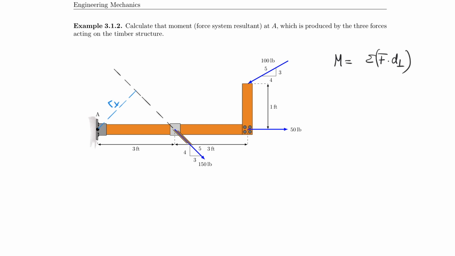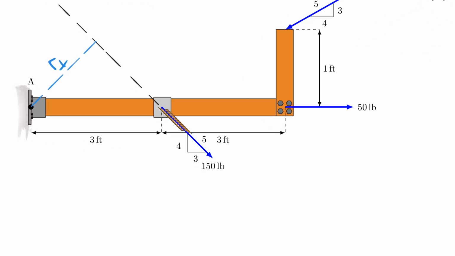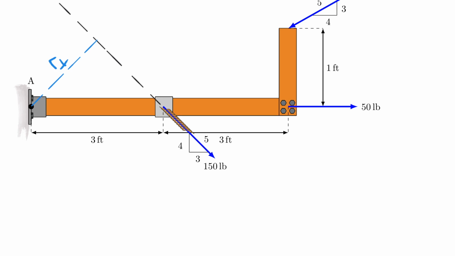So let's get started with the 150 newtons here, and let's clarify that we have a force that's acting in this direction downwards, and that would be, let's call it F1 perpendicular, which of course would be equal to what? 150 divided by 5 multiplied by 4.